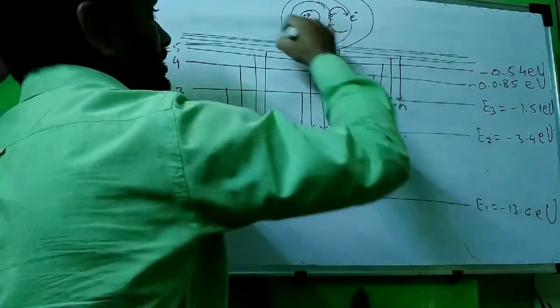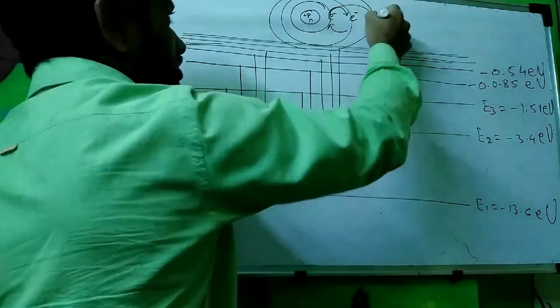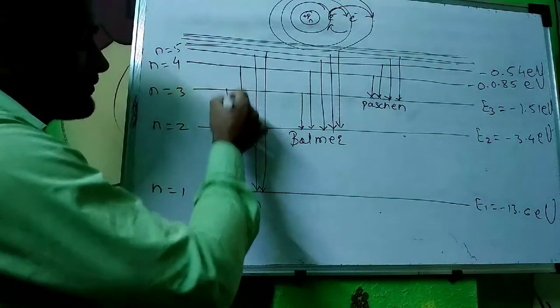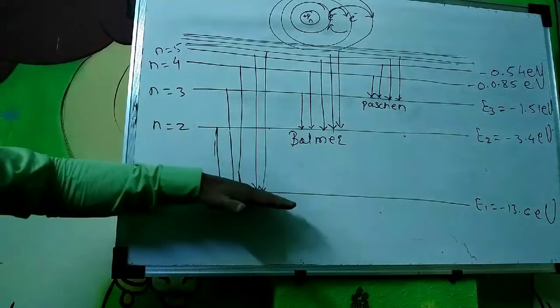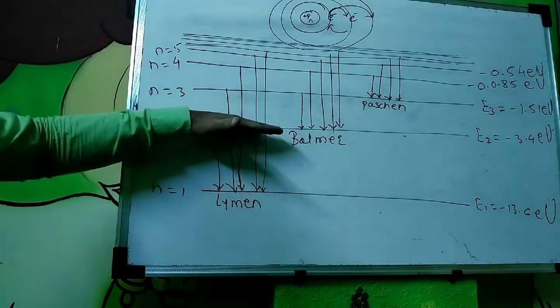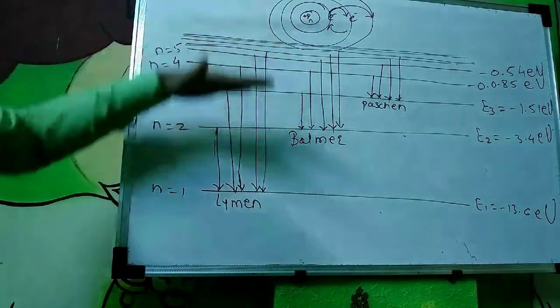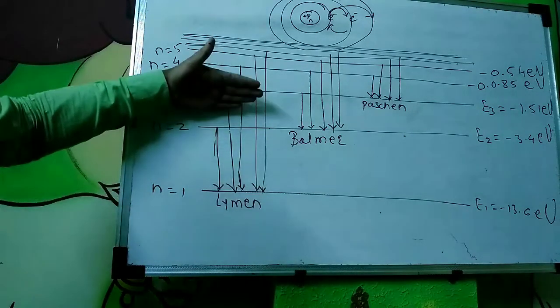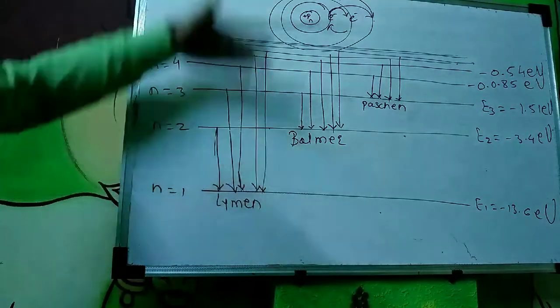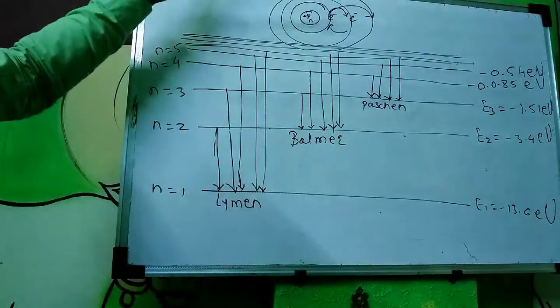Maybe this electron can go to the third orbit. So transition from the third orbit to the first orbit takes place. This is called the ground state, and these are called excited states. The electron is initially in the ground state. After receiving the energy, it goes to any of the excited states. There are a number of higher orbits present.